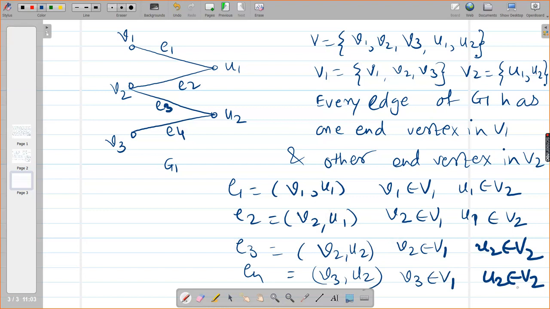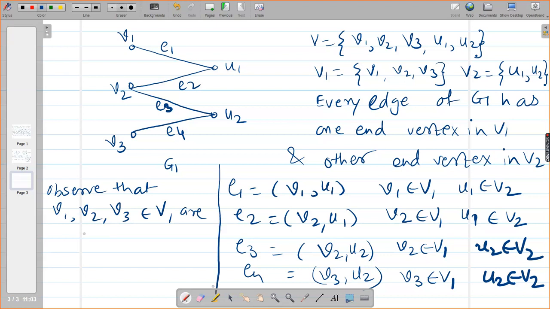So if you want to draw any bipartite graph, you can simply draw like this. Put some vertices on one side, put other vertices on the other side and join them somehow, okay? But observe that V1, V2, V3 that belong to V1 are not adjacent among themselves.